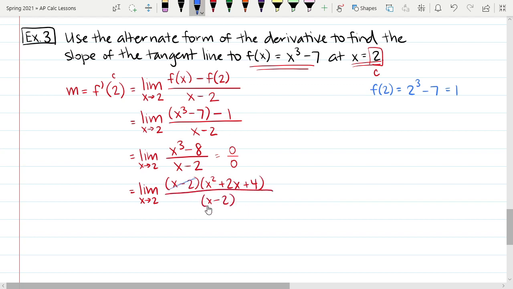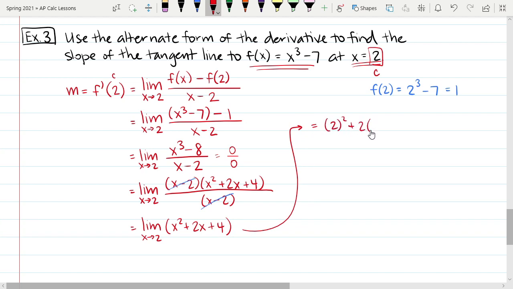Those x minus 2's cancel out, and I just get the limit as x approaches 2 of x squared plus 2x plus 4. And when I substitute, that's going to give me 12. So that's the alternate form of the derivative.